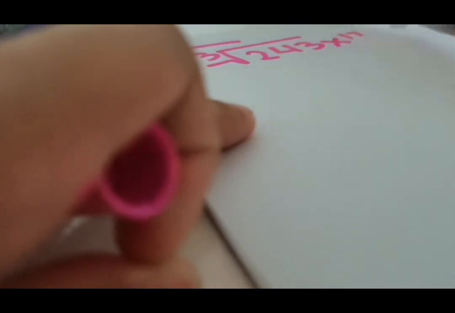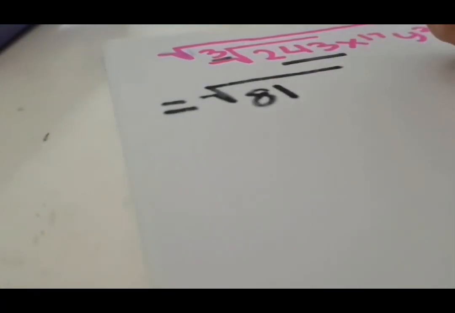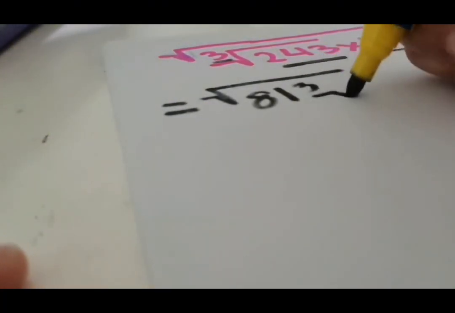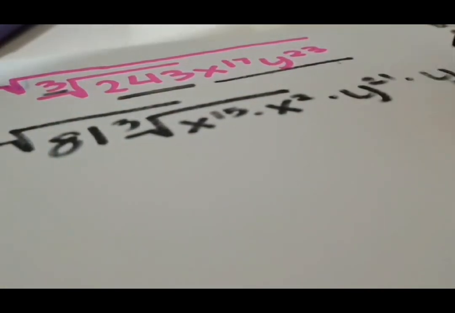The next equation is the square root of the cube root of 243 x raised to 17 y raised to 23. Since 81 is a factor of 243, we can now put it outside of the cube root and put it in the square root. And then we can now factor out x raised to 17 and y raised to 23.